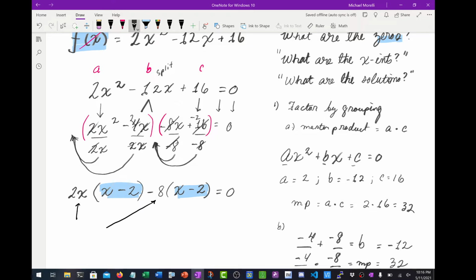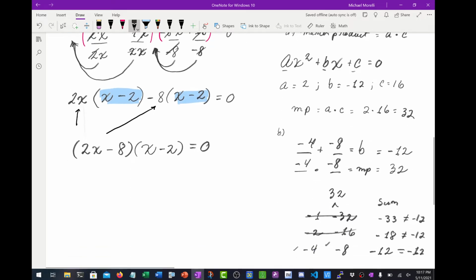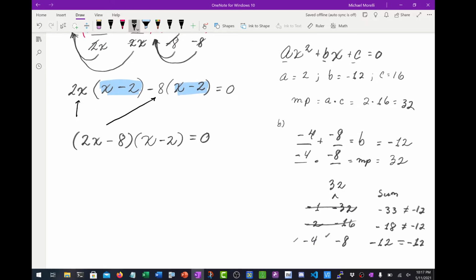So I'm going to write as one of my factors 2x minus 8, and as my second factor x minus 2 equals 0. Okay? So we succeeded. Factoring by grouping worked.